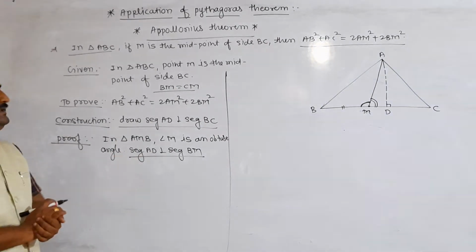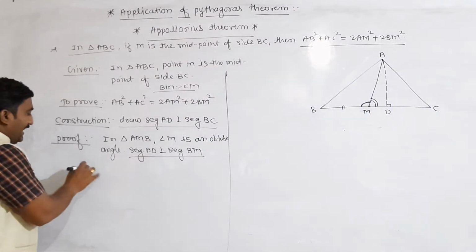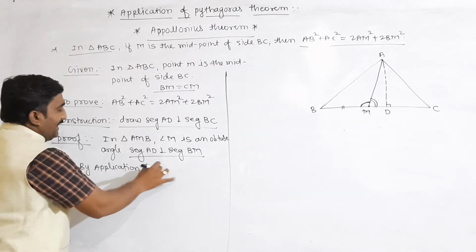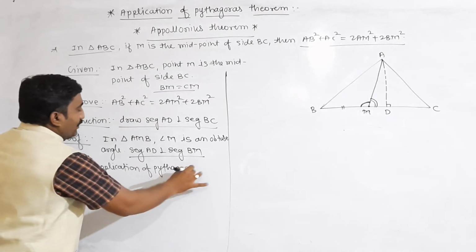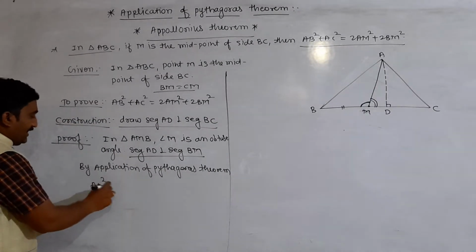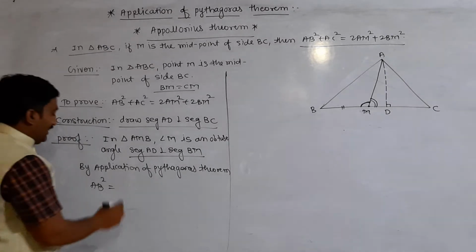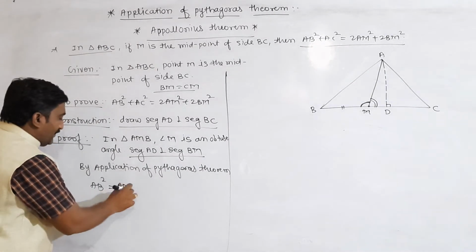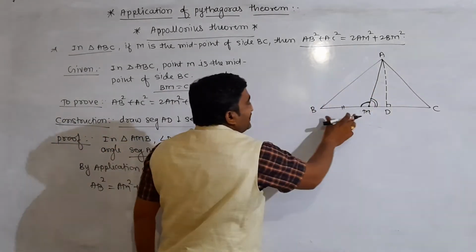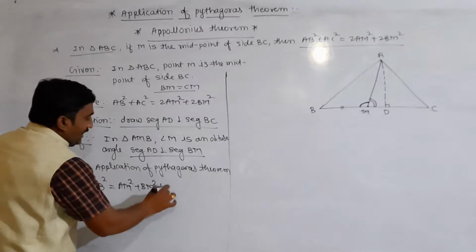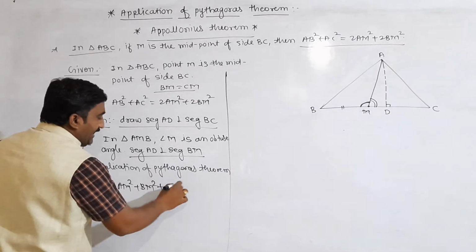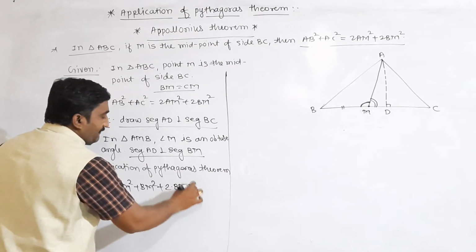By using the application of Pythagoras theorem, we have to write that AB square is equal to AM square plus BM square plus 2BM into DM or MD.